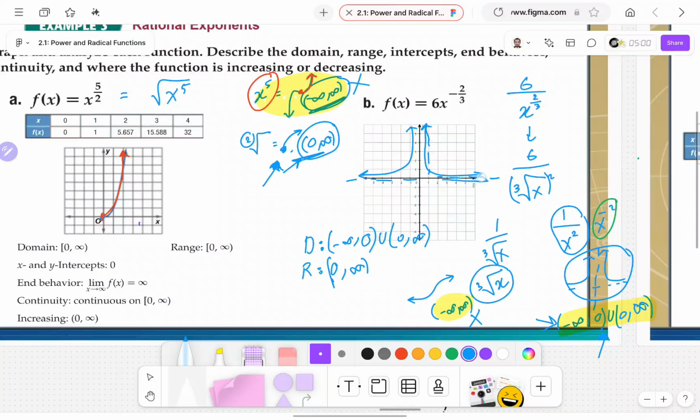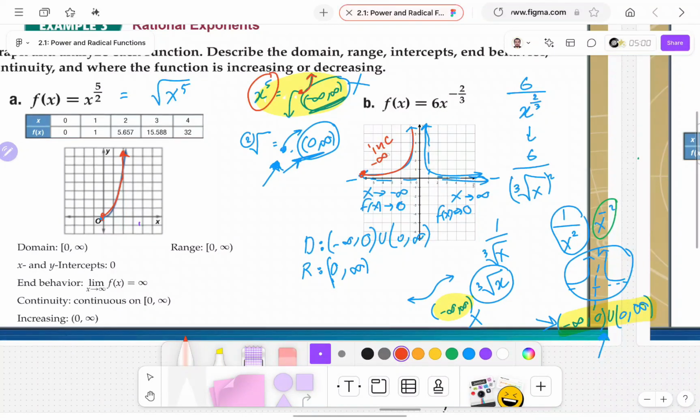When x approaches positive infinity, f of x approaches 0. And when x approaches negative infinity, f of x also goes to 0. I told you, when it's reciprocal, f of x always approaches 0. Now, how about increasing and decreasing? The first part here, going up, is increasing.